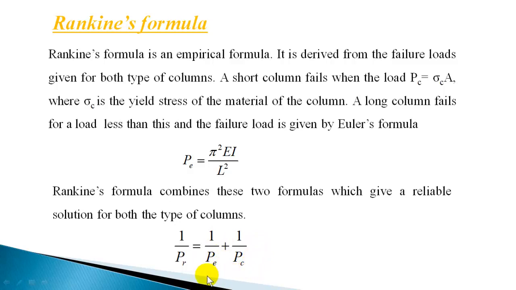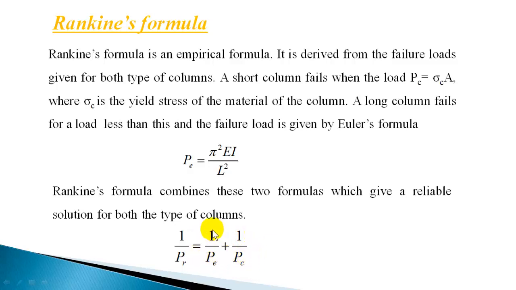Now in this case, PR is Rankine's load, PE is Euler's crippling load or buckling load, and PC is the crushing load for a short column. When it is a short column, Euler's load will give an excessively large value, and this term becomes insignificant, or comparatively small compared with this last term.